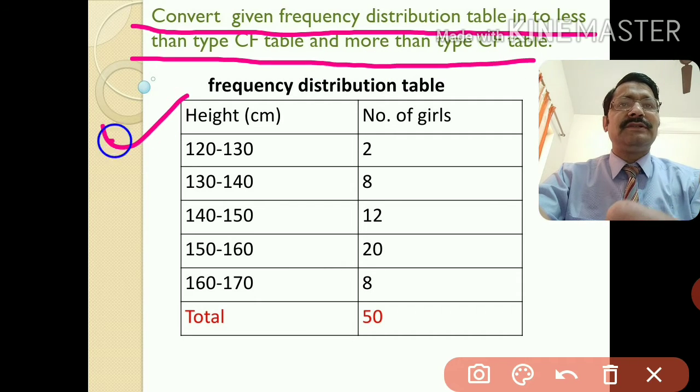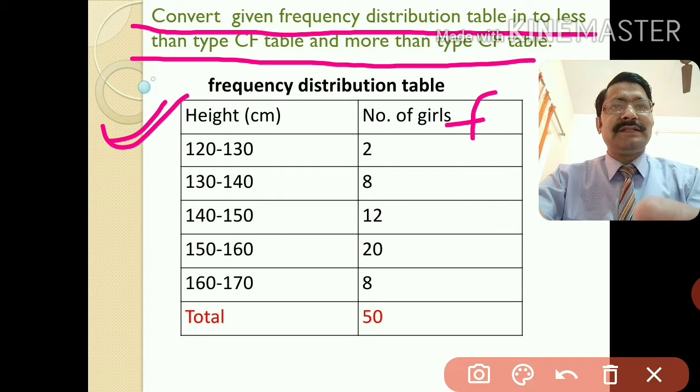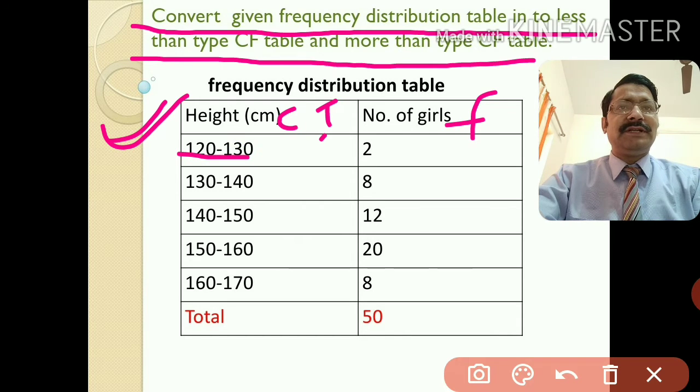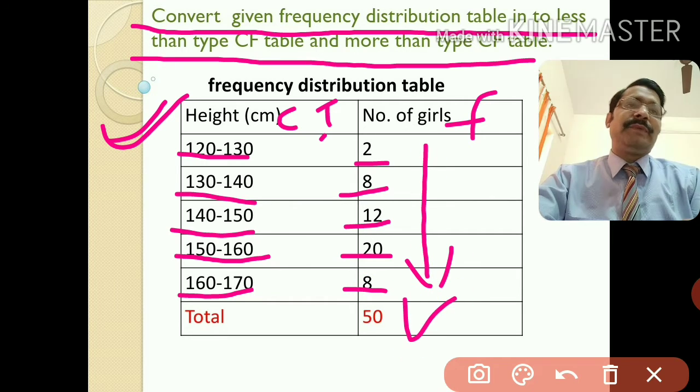That table is a frequency distribution table, because here the frequency F and the class interval are given. First, 120 to 130 has frequency 2, 130 to 140 has 8, 140 to 150 has 12, 150 to 160 has 20, and 160 to 170 has 8, and the sum of all these is 50. So look here, how we can change it is the important part.